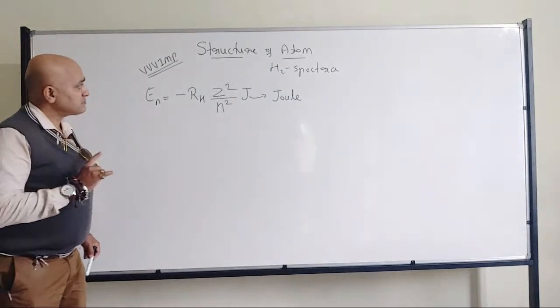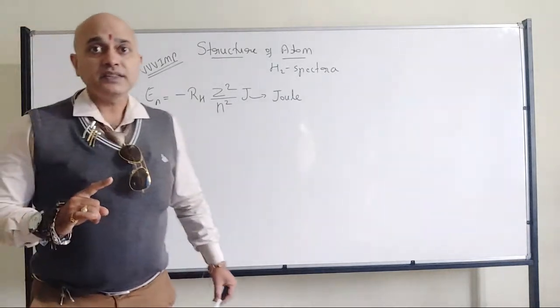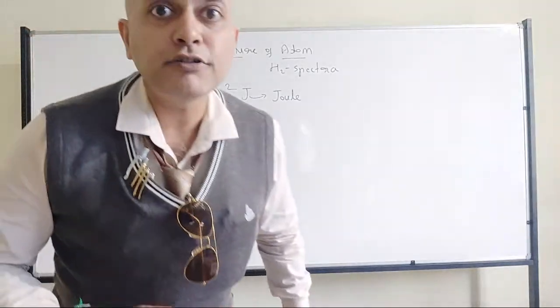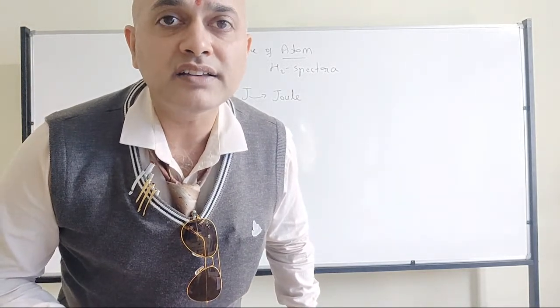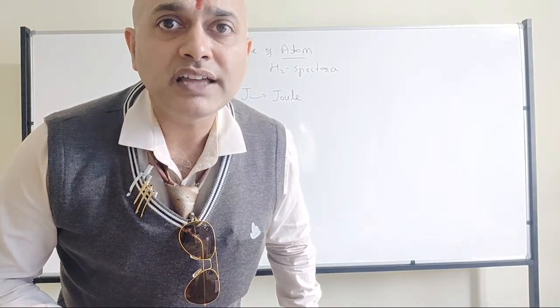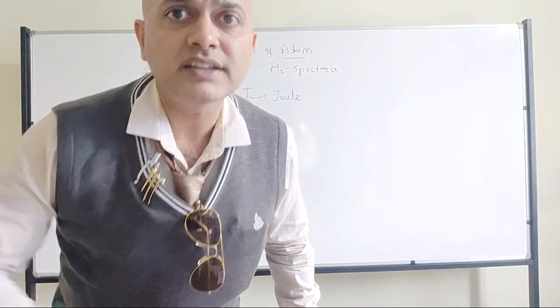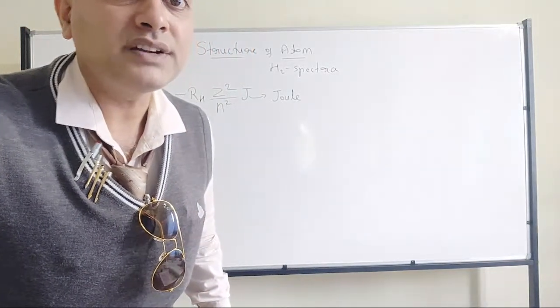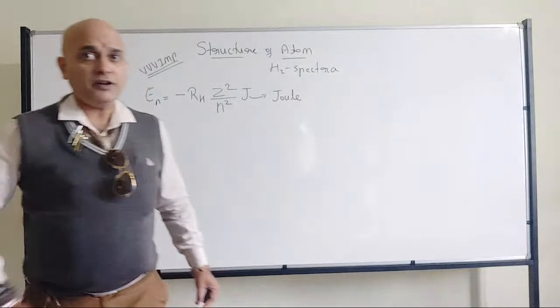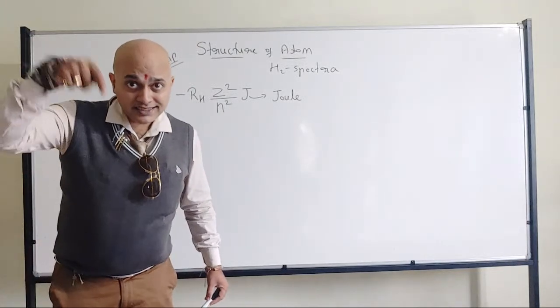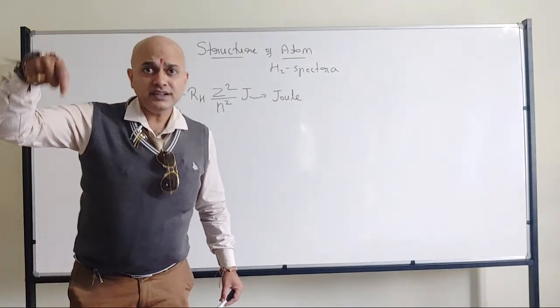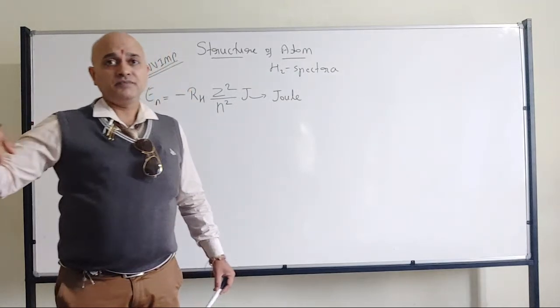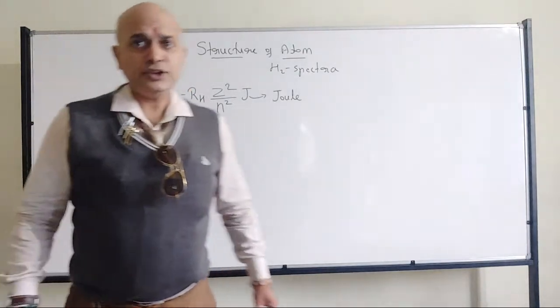With respect to hydrogen spectra, a student asked: sir, does hydrogen consist of higher energy than other elements? Hydrogen has only one electron. If you consider only that electron present in energy level 1, yes, you are right, it is a very good question.